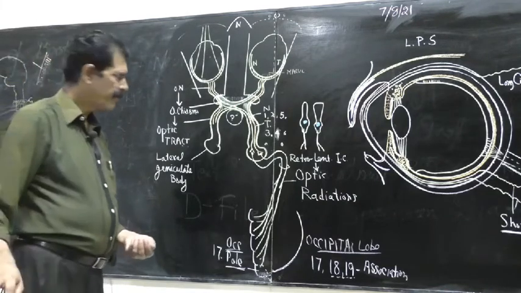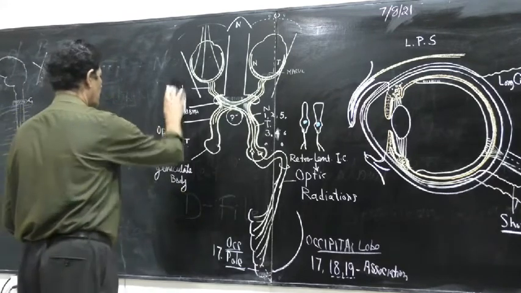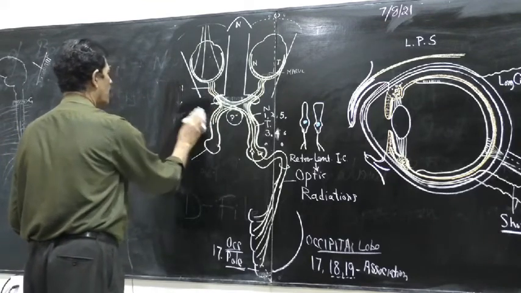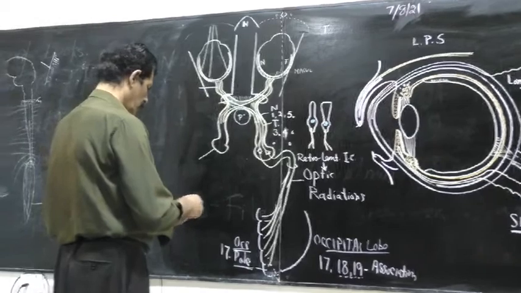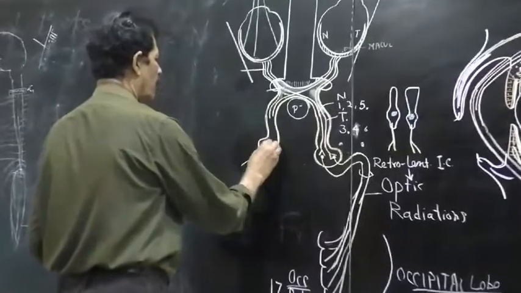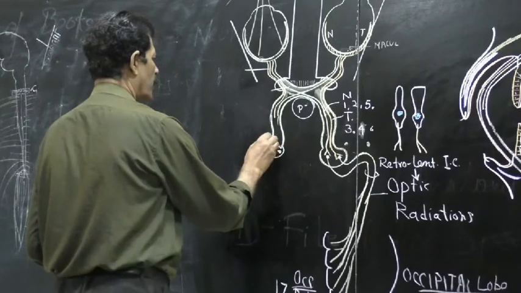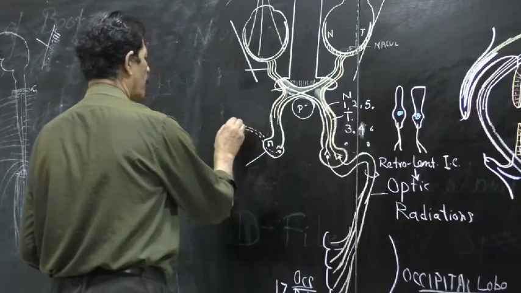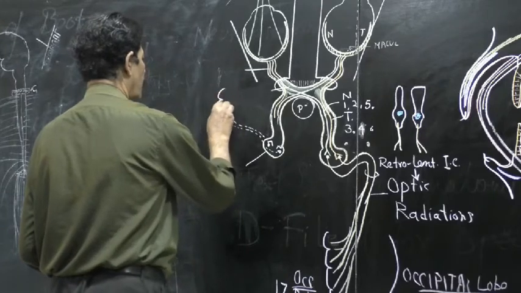At the same time, the fibers from the lateral geniculate body also go to both the nasal as well as the temporal fibers. They also go another pathway to the frontal eye field of the frontal lobe.